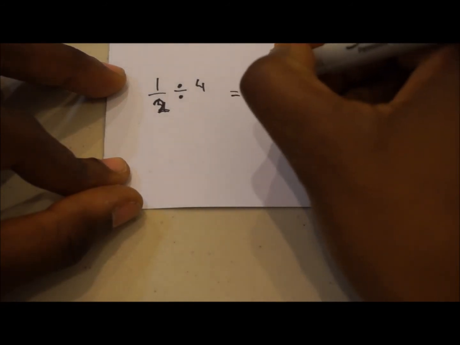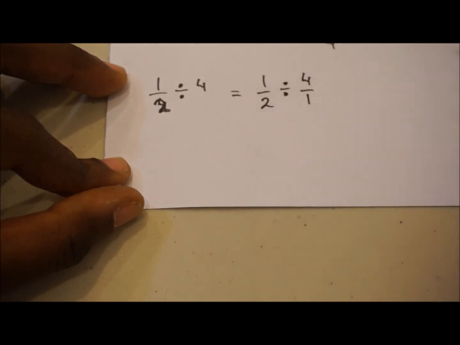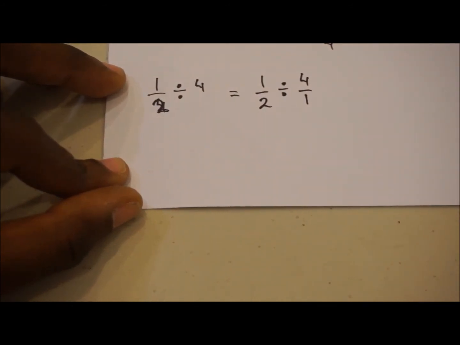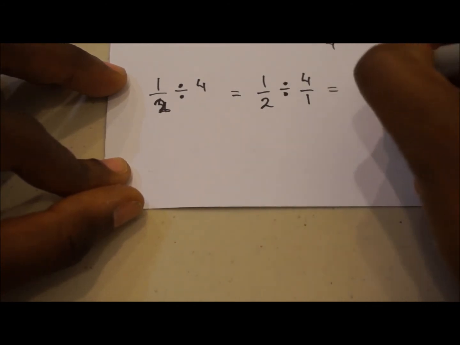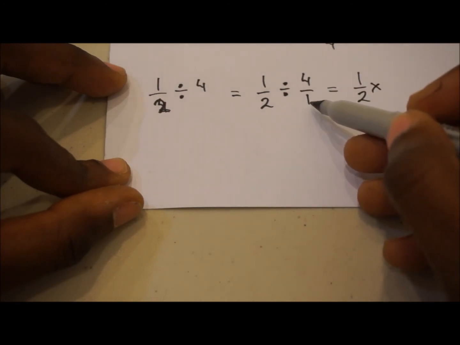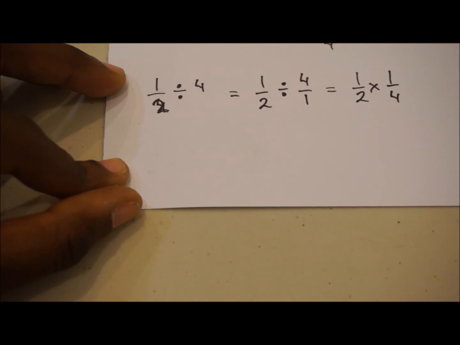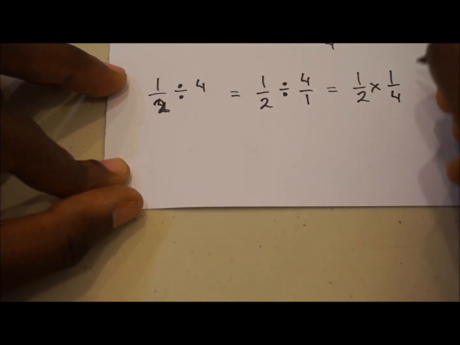So it becomes 1 over 2 divided by 4 over 1. And then we go back to what we are supposed to do. Division sign changes into a multiplication sign. And then the fraction immediately at the back gets flipped upside down. Answer should be 1 over 8.